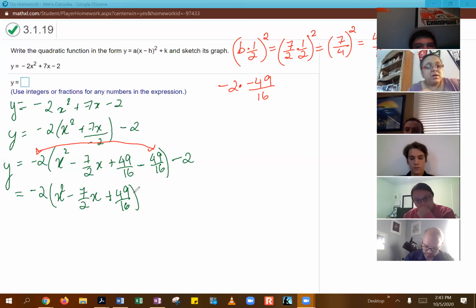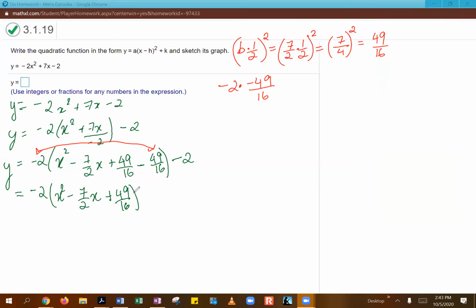Okay, so Abdul Aziz, you've got 41/8. When you multiply negative 2 with negative 49/16, yeah, there we go. So again, the 2 negatives will become positive, and then 2 goes into itself once, goes into 16 8 times. So yeah, you should get 49/8 from here. And that's a positive, so you'll be bringing 49/8, and then we still have that minus 2 at the end.